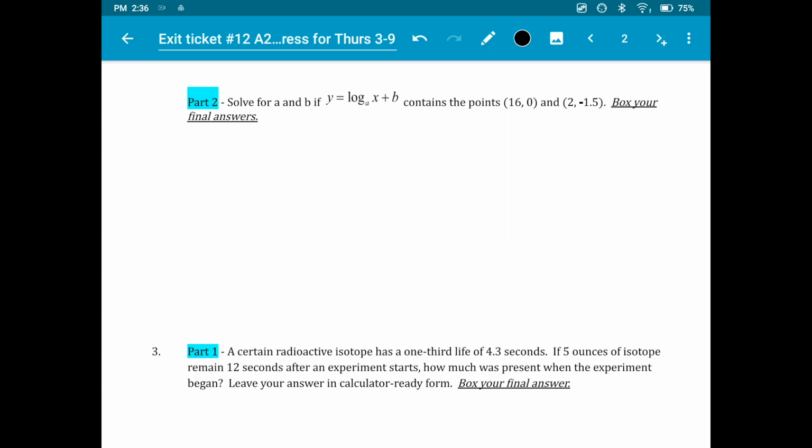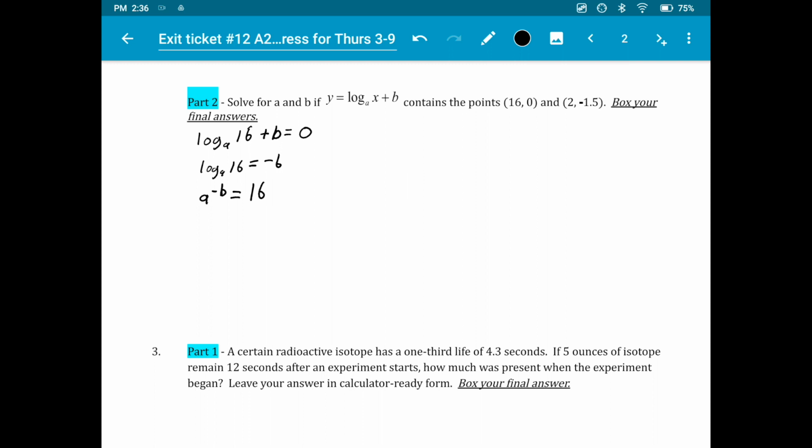Okay, so I have that log base A of 16 plus B is equal to 0, or log base A of 16 is equal to negative B, which I can rewrite as A to the negative B is equal to 16.